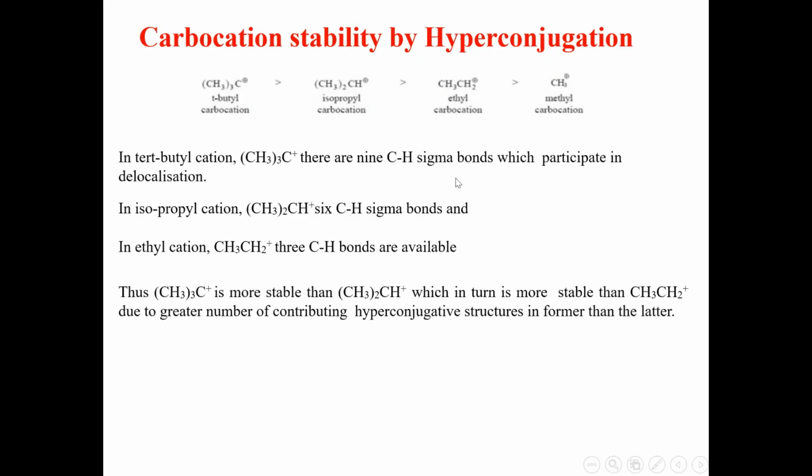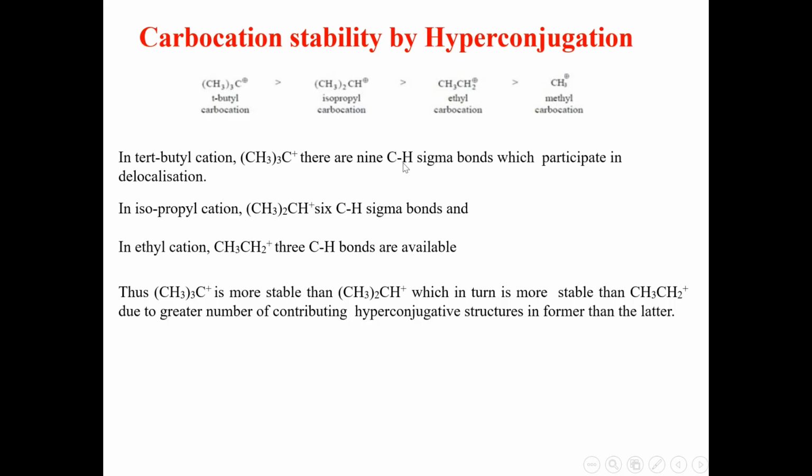Here, if I take a tertiary carbocation, a secondary carbocation like the isopropyl cation, and a primary carbocation, we can find the hyperconjugative effect more in the tertiary carbocation because it has three alkyl groups. Each alkyl group contains three hydrogens, so three alkyl groups together have 9 C-H sigma bonds.